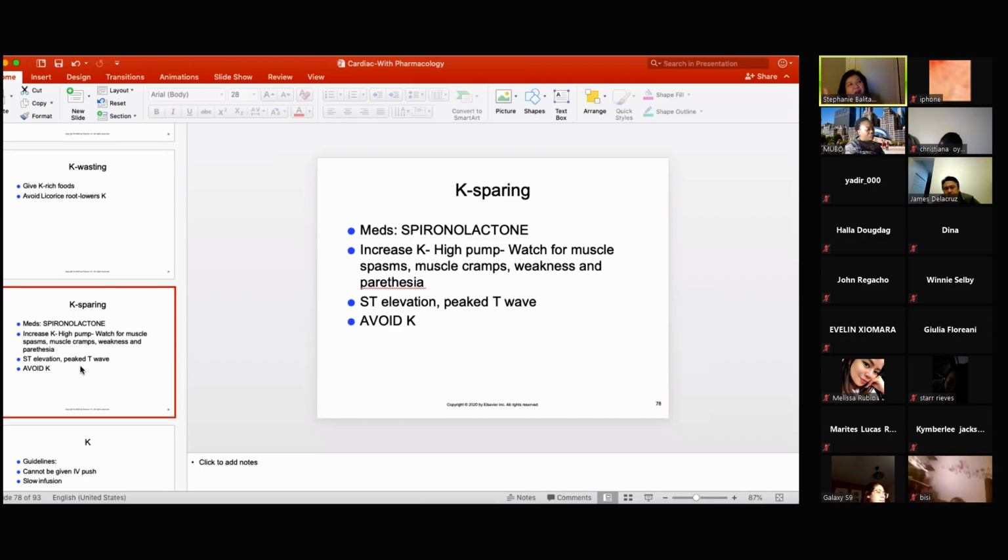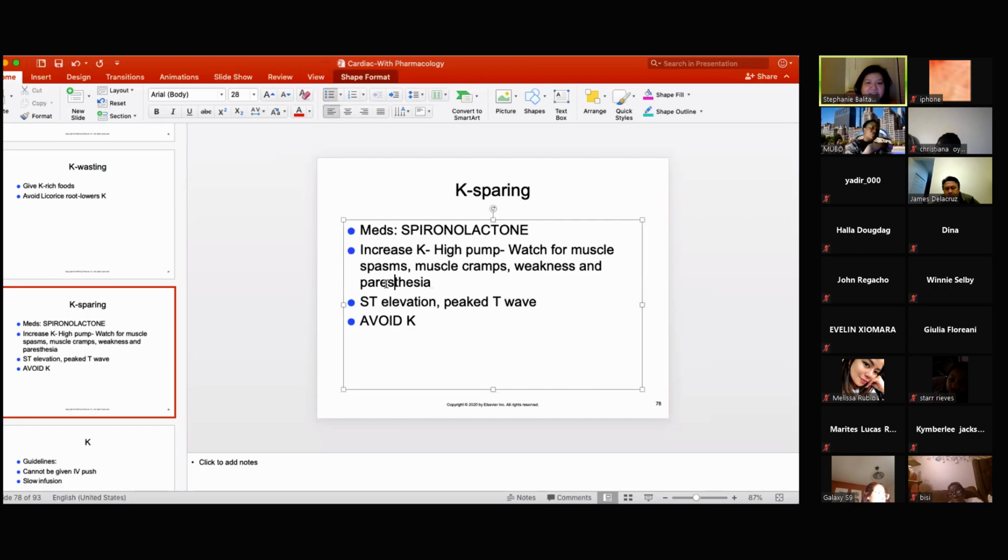With hypokalemia, the lesser the potassium, the lower the pump, you will have weakness and paresthesia. So it has something to do with the pump and the muscles. However, on your EKG strip, if you have hyperkalemia, you will have ST elevation and a peaked T wave. So just so that it's there.